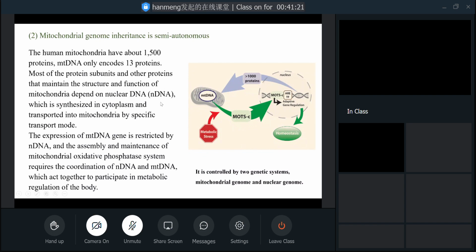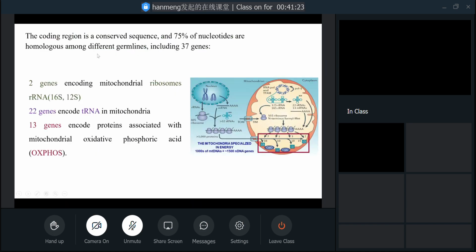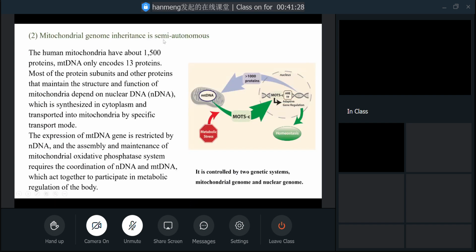So here we see that the mitochondrial genome inheritance is semi-autonomous. The human mitochondria has about 1,500 proteins.